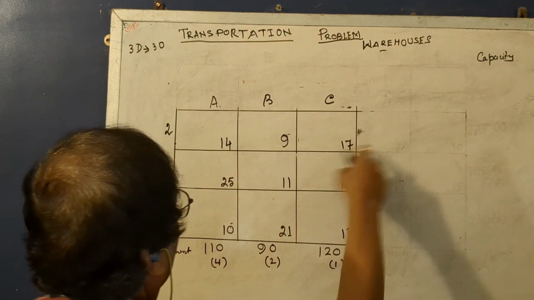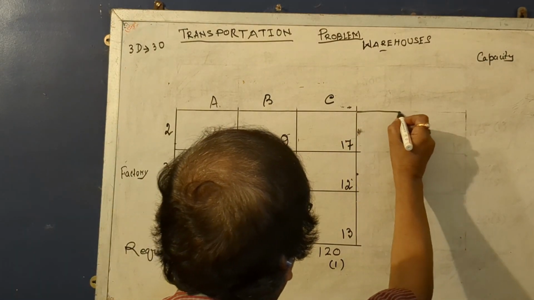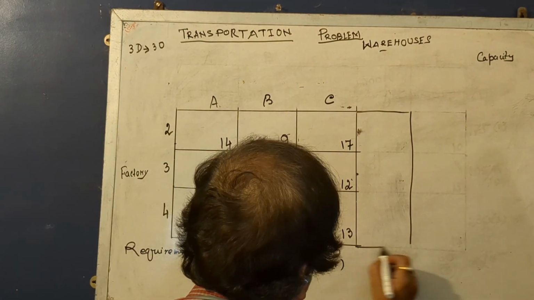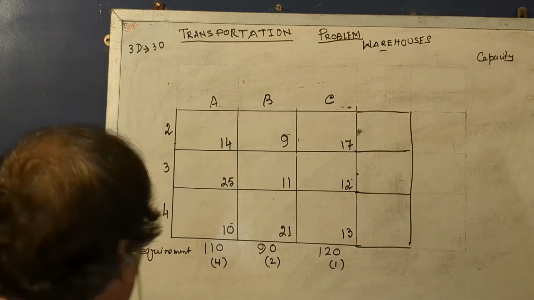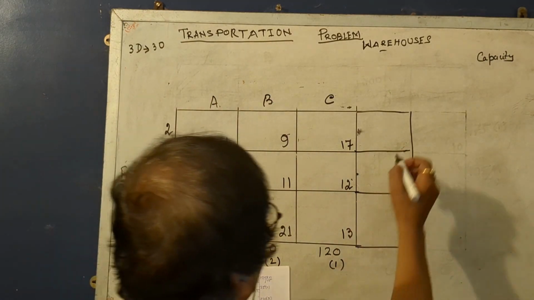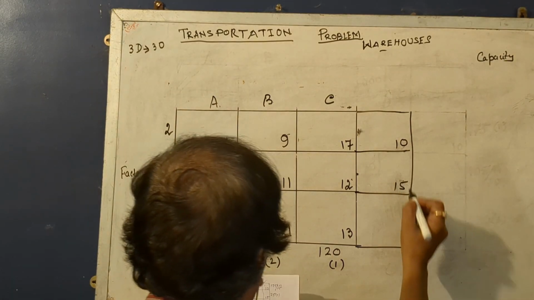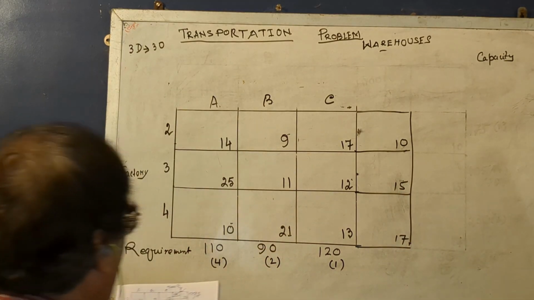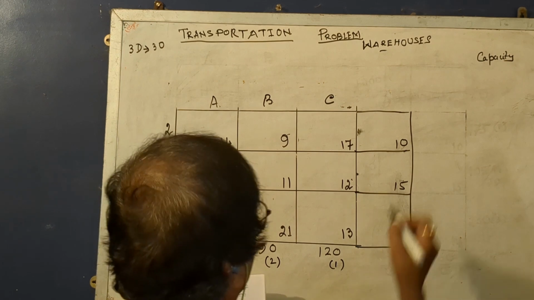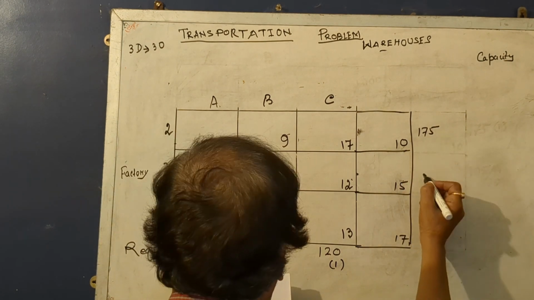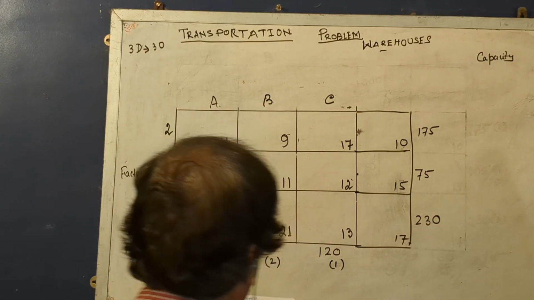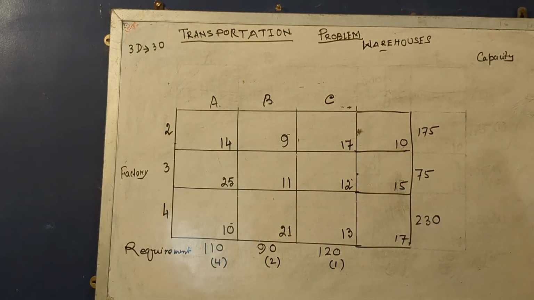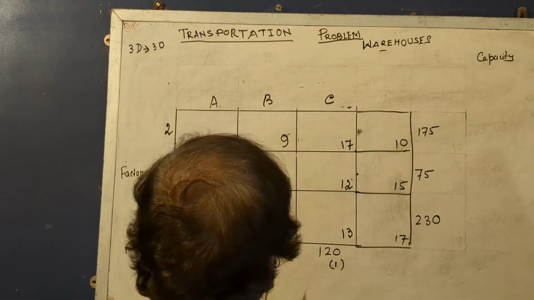Okay, so you have to put another column, that is E. This is D, or you have A, B, C and E. E means 10, 15, 10, 15 and 70. And the quantity remaining is 175, 75 and 230, 175. And again you can check it, it will be balanced.